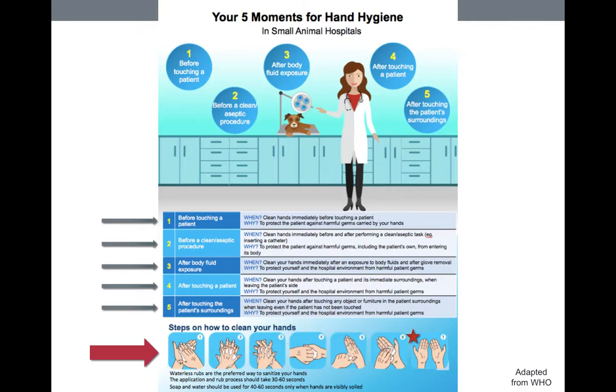Then towel dry after washing or allow to air dry after sanitizing. The entire hand washing process from start to finish should take between 40 and 60 seconds, while use of alcohol hand rub should take between 20 and 30 seconds.